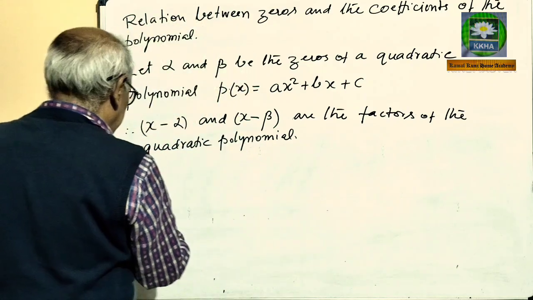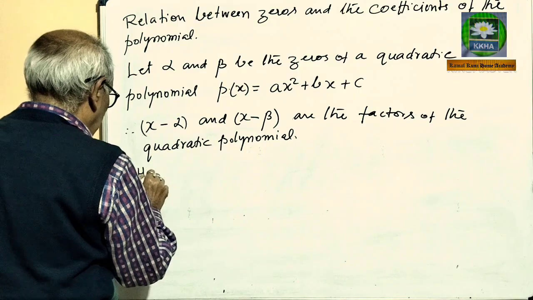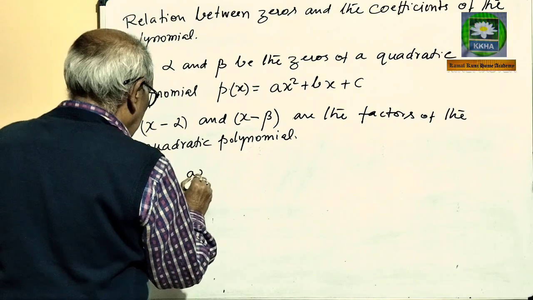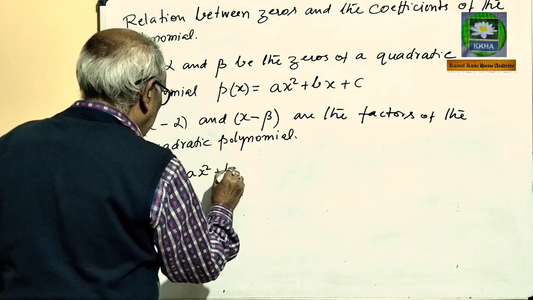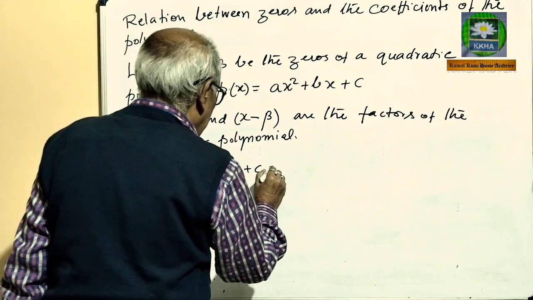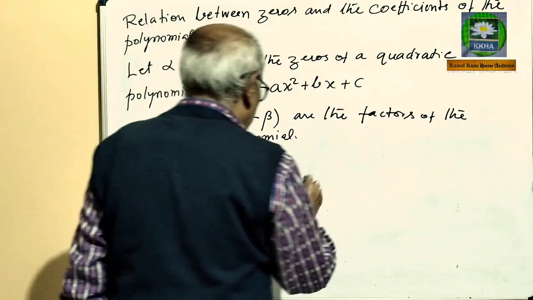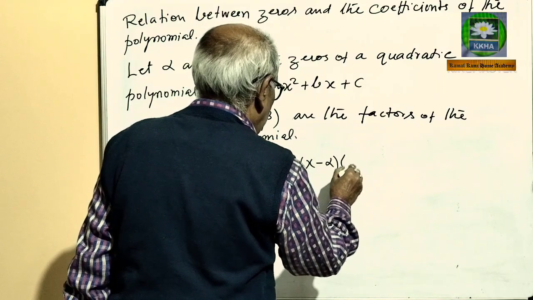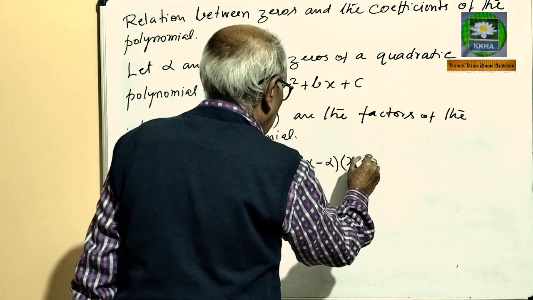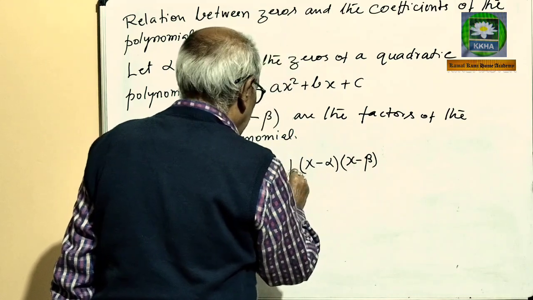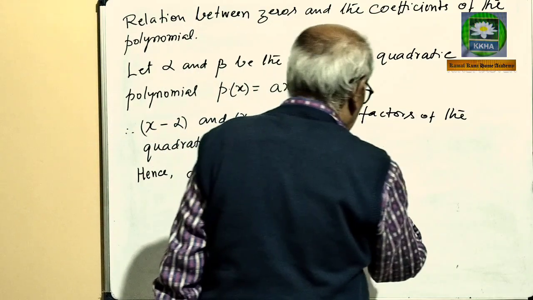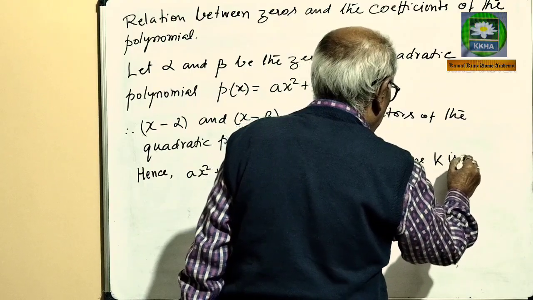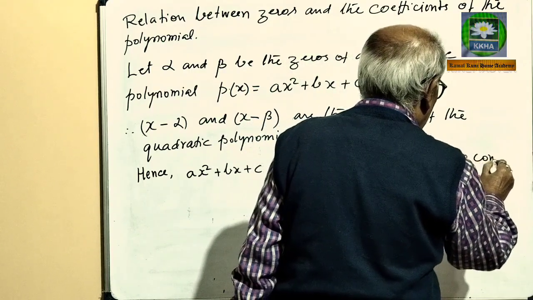Hence, ax square plus bx plus c will be equal to x minus alpha multiplied by x minus beta multiplied by some constant k, where k is a constant.